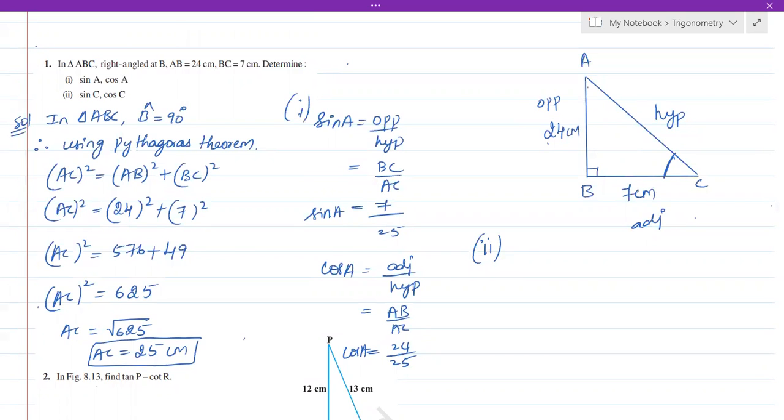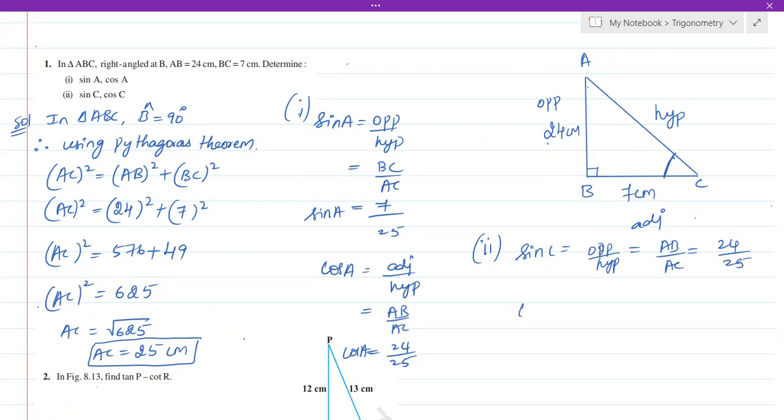So sine C. Sine is always opposite by hypotenuse. Here now the opposite is AB and the hypotenuse is AC. So AB value is 24 and AC value is 25.